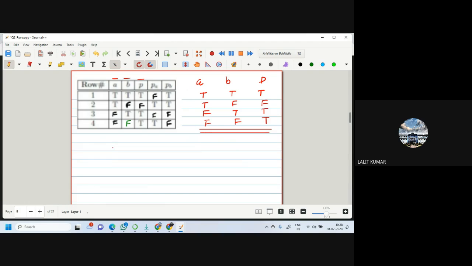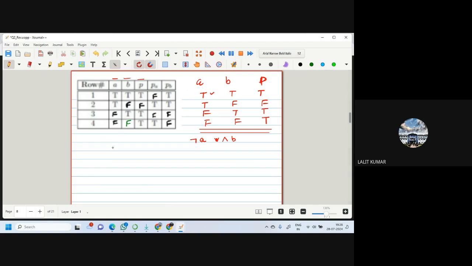My reasoning was that this P depends on not A. If we say not A and B, do we get the same result?